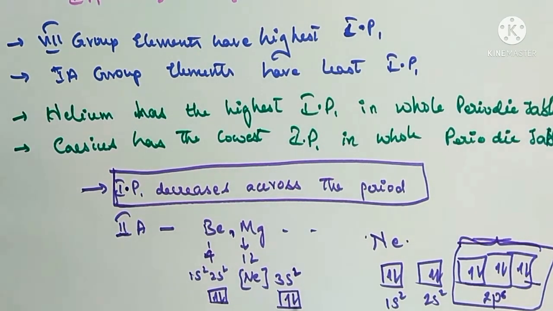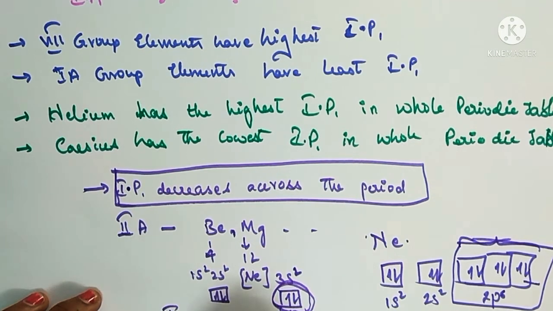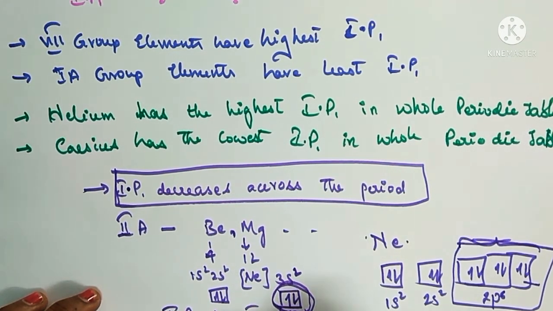So the removal of an electron from this s orbital will also be harder. So the IP1 for second A group is greater than IP1 for third A group.